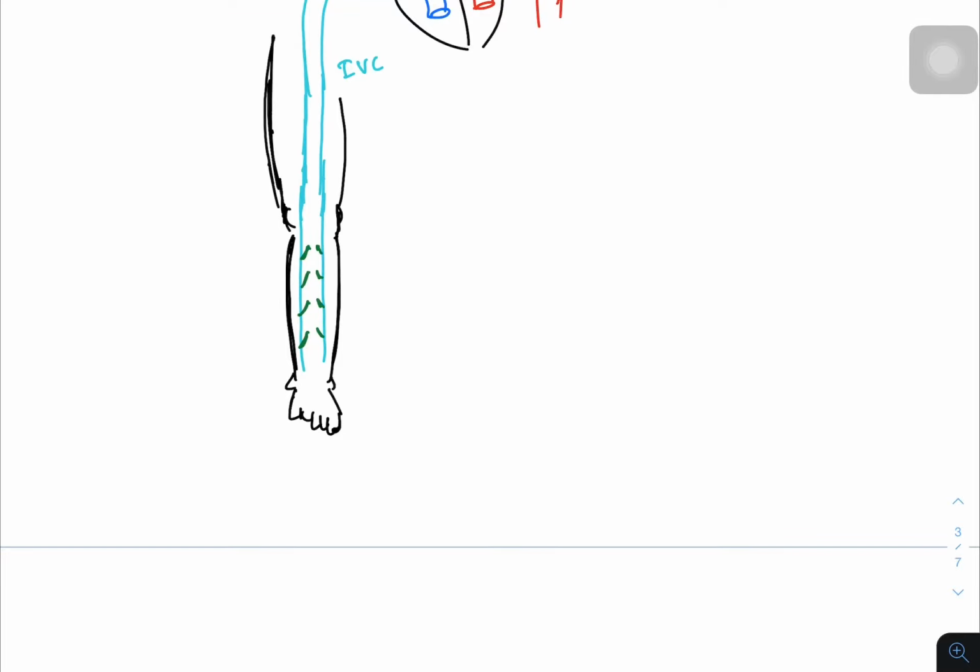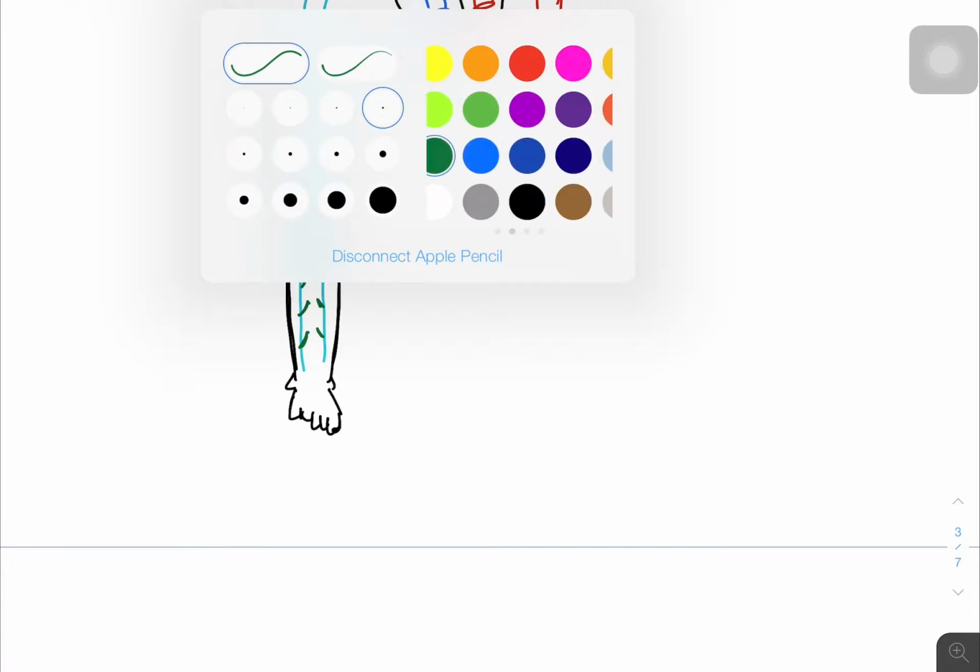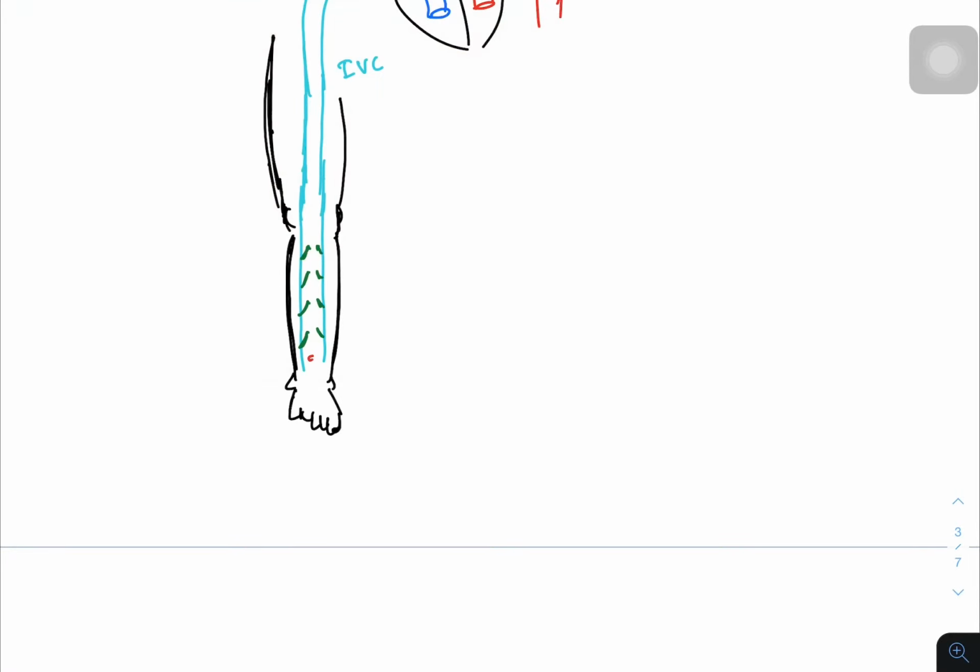Now sometimes these valves might be dysfunctional. When these valves are dysfunctional, the blood here, which basically enters into your right atrium, can it be pumped into the right atrium? No. So what will happen?